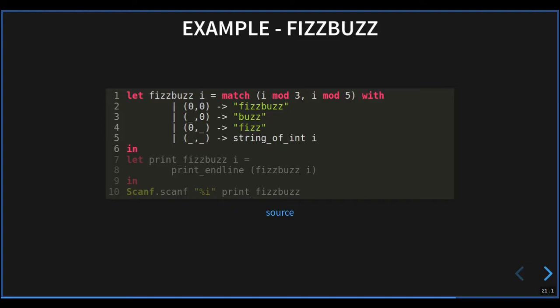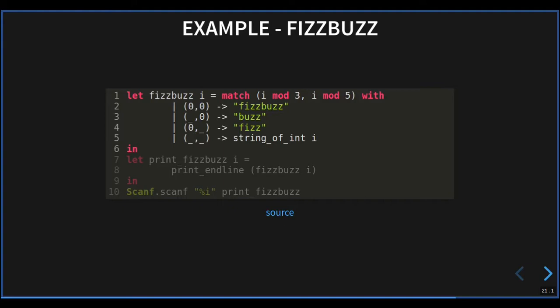If the value is divisible by 5, it should return the buzz string. But if the value is divisible by both 3 and 5, it should print the FizzBuzz string. And in any other case, it should just print the integer.